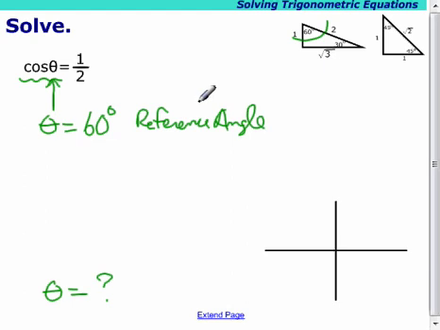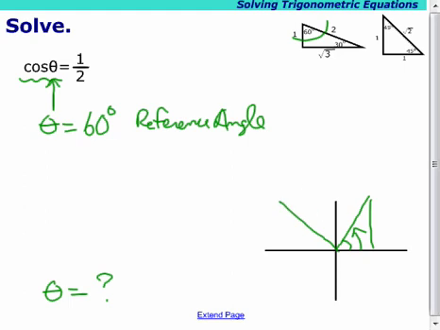So it may be part of the final answer, but it may not be. When I say it's a reference angle, what I mean is that a 60-degree angle anywhere on the quadrant will give me a ratio of 1/2. So if I have here a 60 degrees, the cosine ratio with that angle will be equal to 1/2.